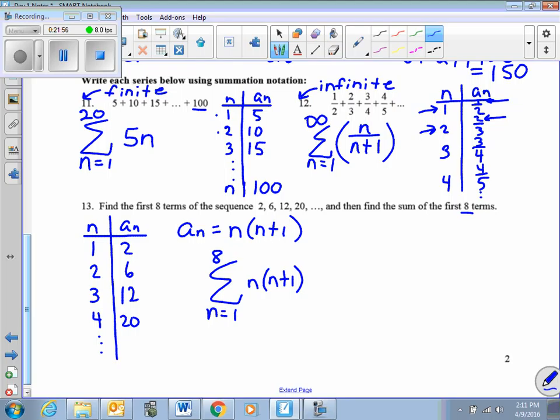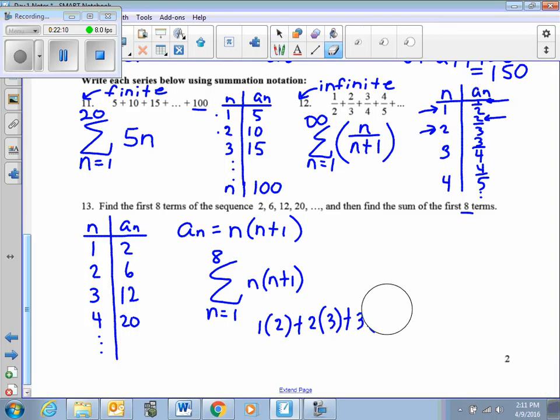So if we plug in 1, that gives us 1 times 2 plus 2 times 3 plus 3 times 4 plus 4 times 5.